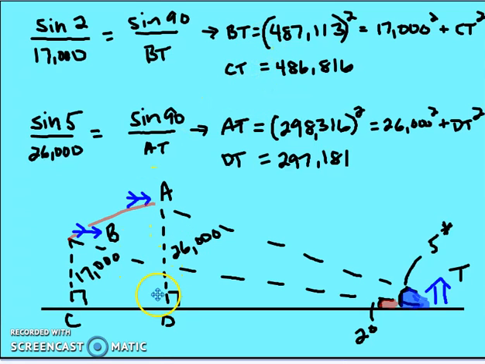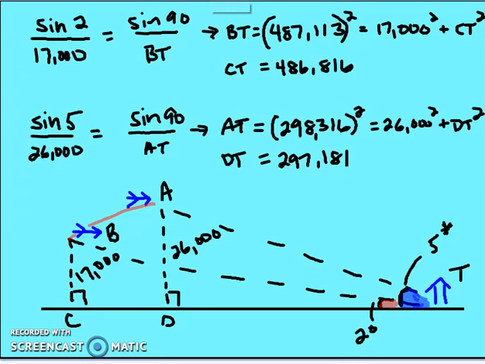We can use BT, and we can use AT, and then we can use the difference between the angles here, and we'll have a side angle side component, which we would use the law of cosines to solve.